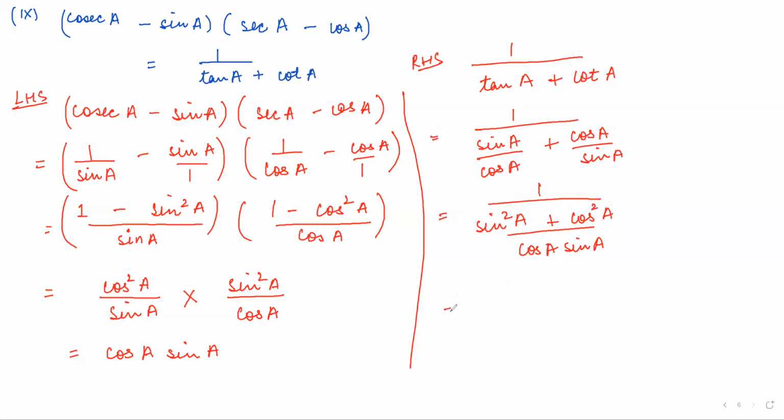Yes, ma'am. Okay. So it will become 1 upon. Now sine square A plus cos square A is 1. And then divided by, you have cos A by sine A, right?